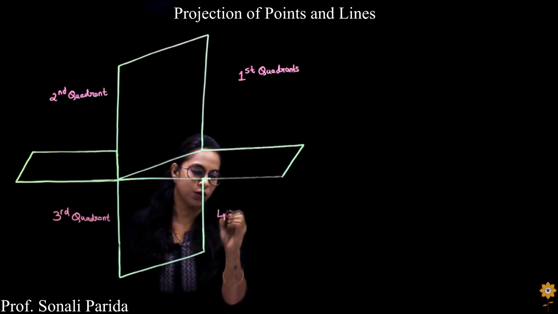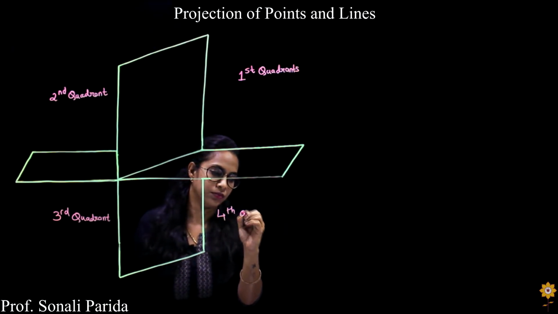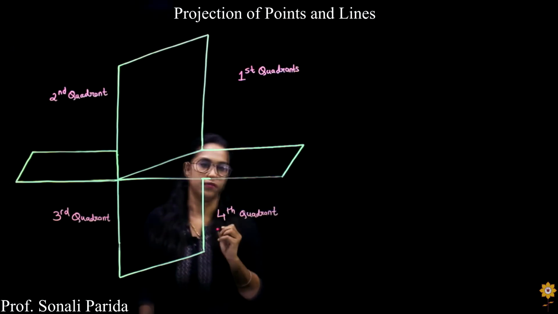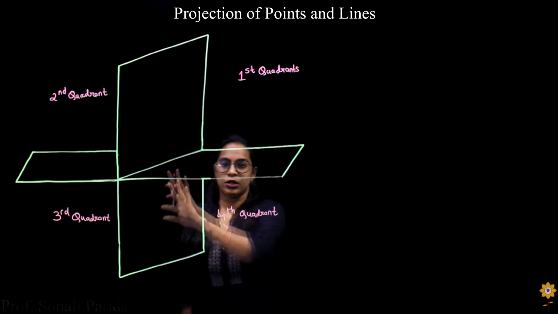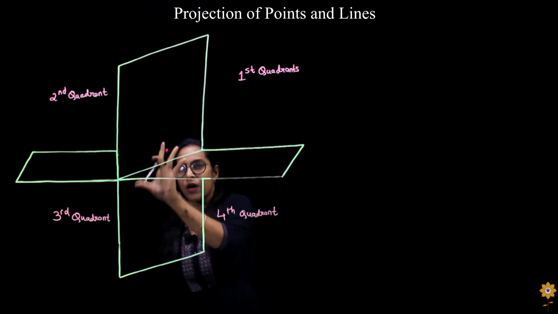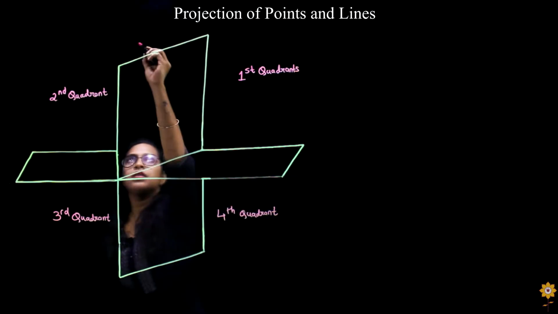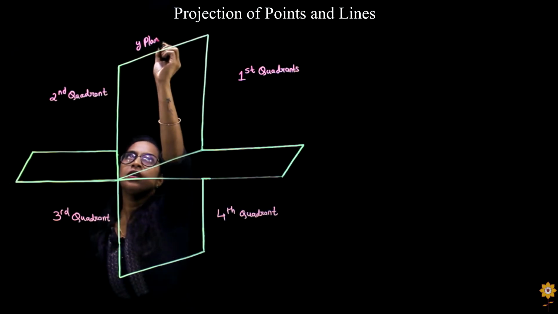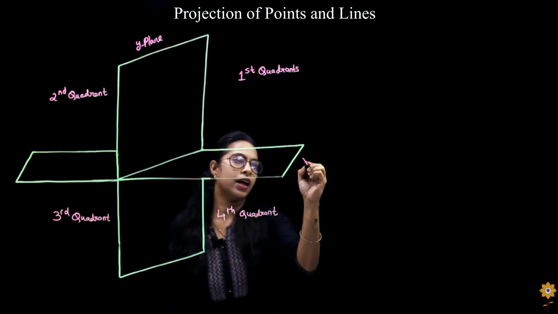And this is fourth quadrant. So we have all the four quadrants, and this is my y plane, and this is our x plane.